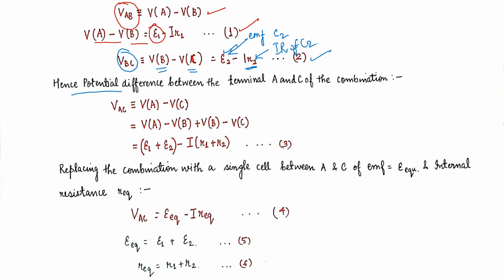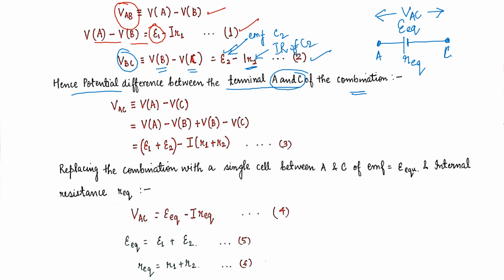Hence the potential difference between the terminals A and C of the combination. This was our combination. This was point A, point B was collapsed, this was point C, and we had this equivalent. So across this we had potential difference VAC.